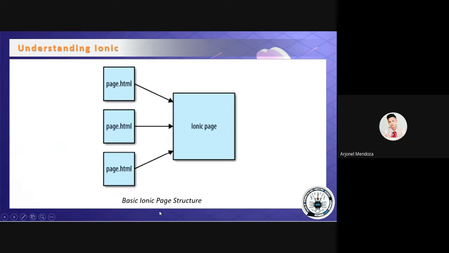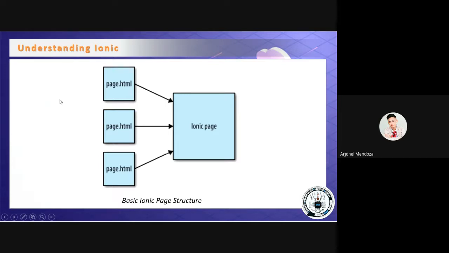Again, each Ionic page has three base files: the HTML file, the SASS or CSS file, and the TypeScript file. The HTML file holds the components within our application. The SASS file is the styling of our components from the HTML.